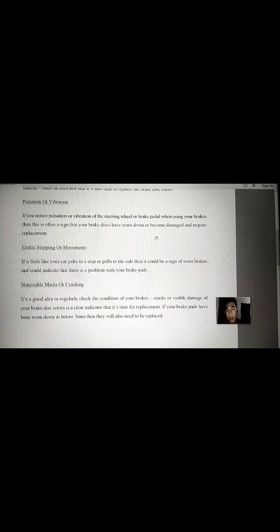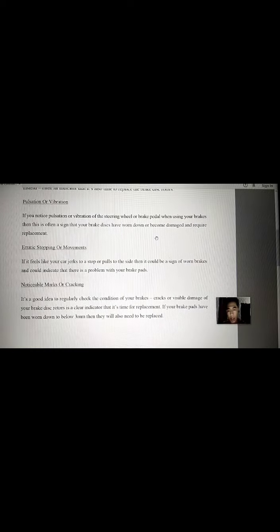Third, erratic stopping or movement. If it feels like your car jerks to a stop or pulls to the side, then it could be a sign of a stuck brake, and could indicate that there is a problem with the brake pad.